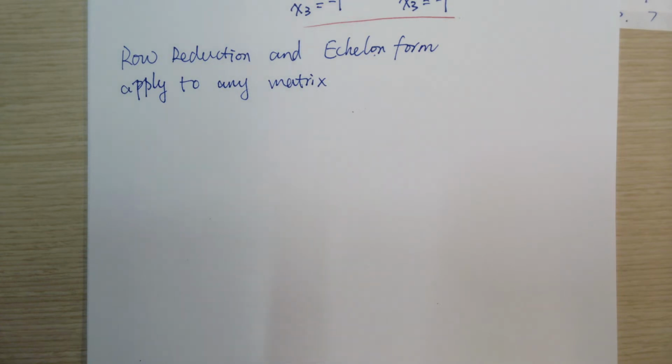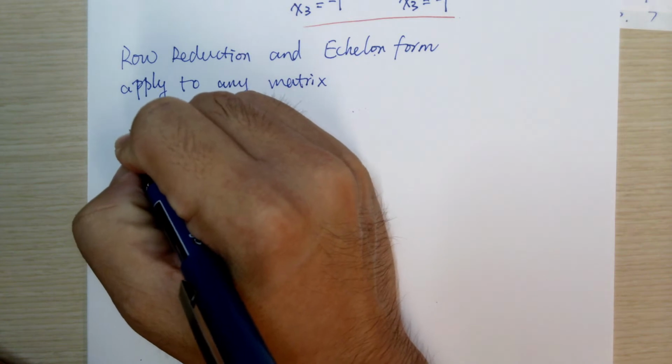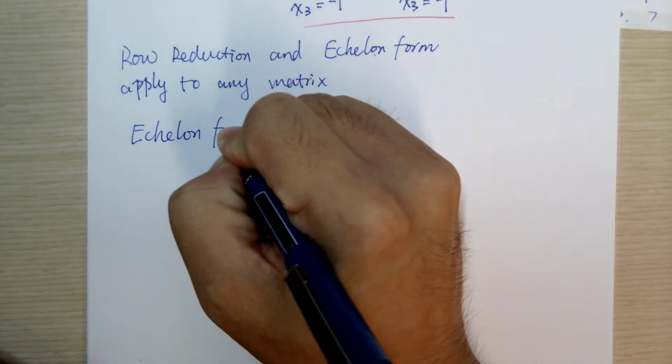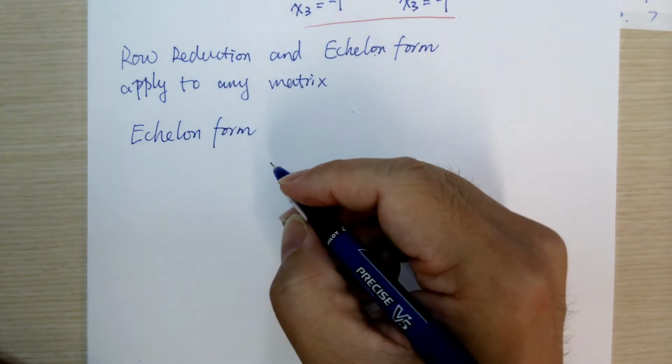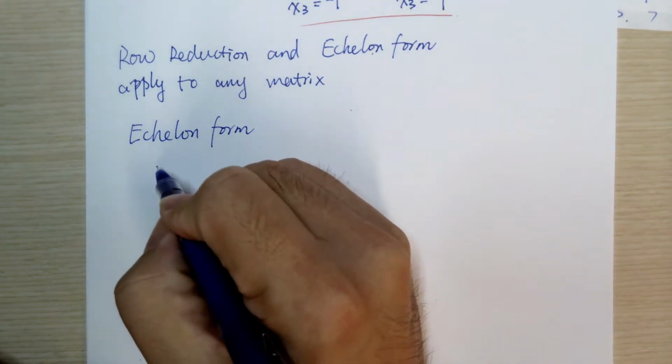We also have a name for that part. So the first one, starting from the definition: a matrix is called in echelon form if it has the following properties.